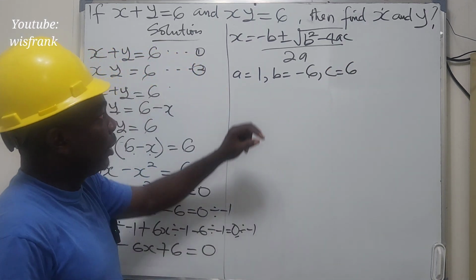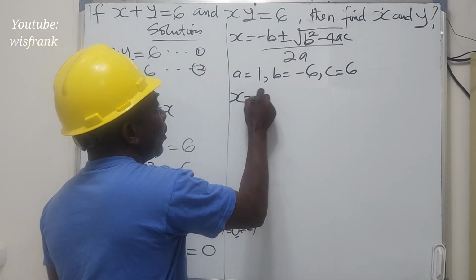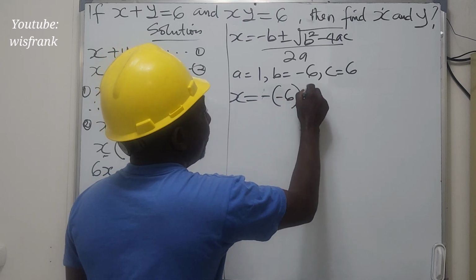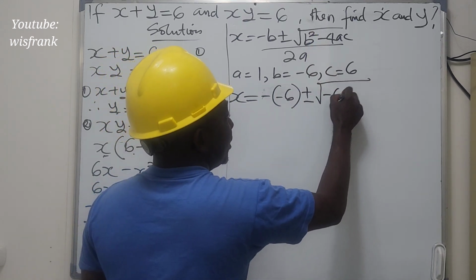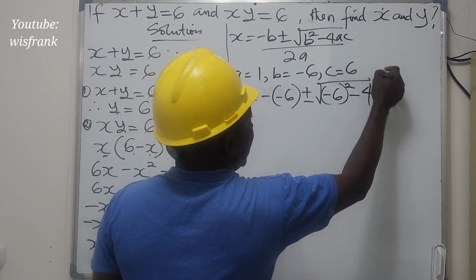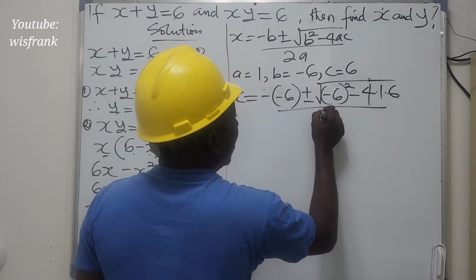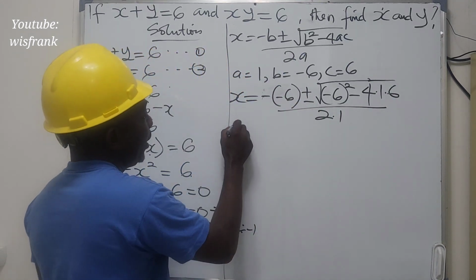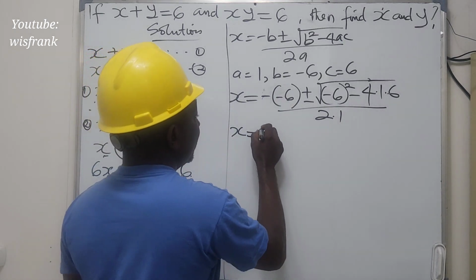Substituting these parameters into the quadratic formula, we are going to have x equals minus b, which is minus times minus 6, plus or minus the square root of b to the power of 2, which is minus 6 to the power of 2. Then we have minus 4 times a, which is 1, times c, which is 6, all over 2 times 1. Our a is 1. So here x equals minus times minus 6 gives us 6.